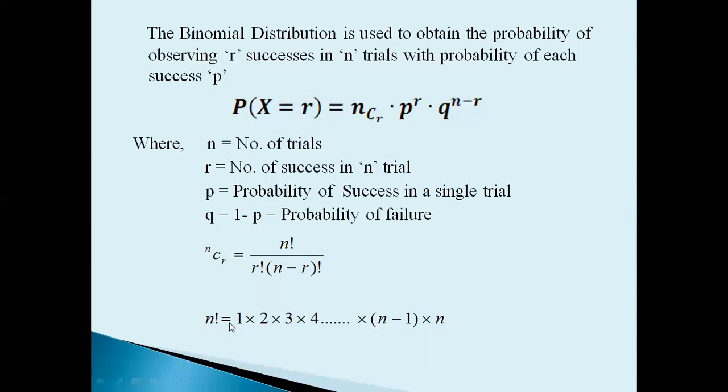That means n factorial is equal to 1 into 2 into 3 into 4 up to n. By using this formula we can find the value of nCr, or directly by using the calculator we can find the value of the binomial coefficient nCr.